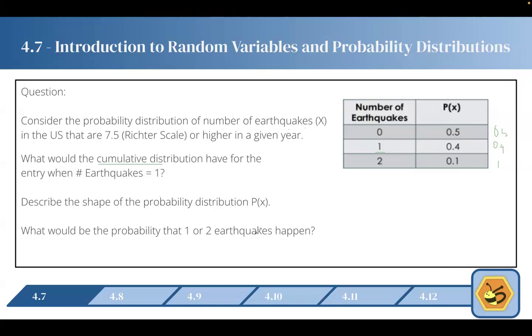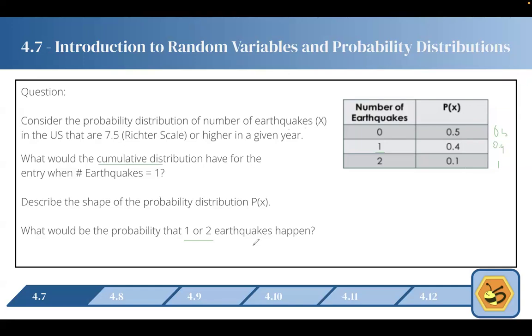Great. What would the probability be that one or two earthquakes happen? So how would we do this one? Well, one or two is the union, right? Yeah, exactly.